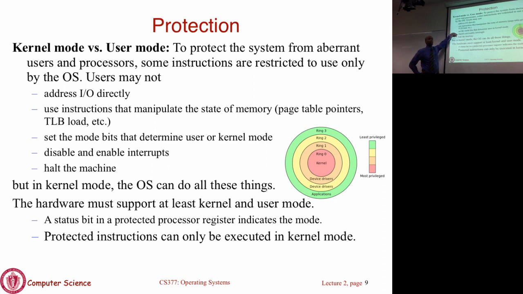So you don't let that. You don't let the application enable or disable interrupts or halt the machine. Okay? But the kernel can do all of those things. Okay? If you're in kernel mode, the kernel can do all of it. We trust the OS kernel, okay? But not user applications. Okay. Now, what is shown in this picture is a generalization of the user and kernel mode.